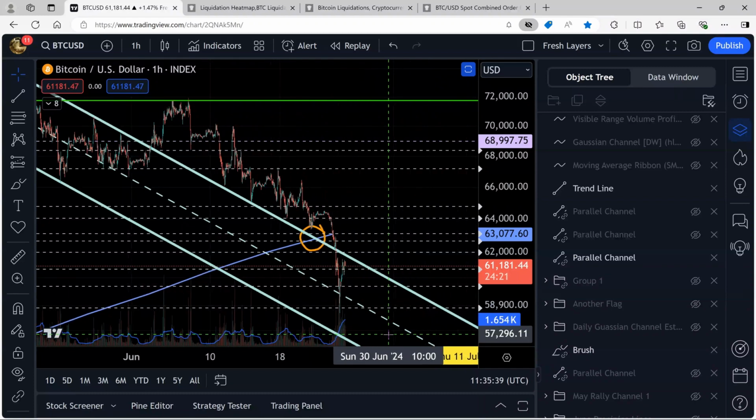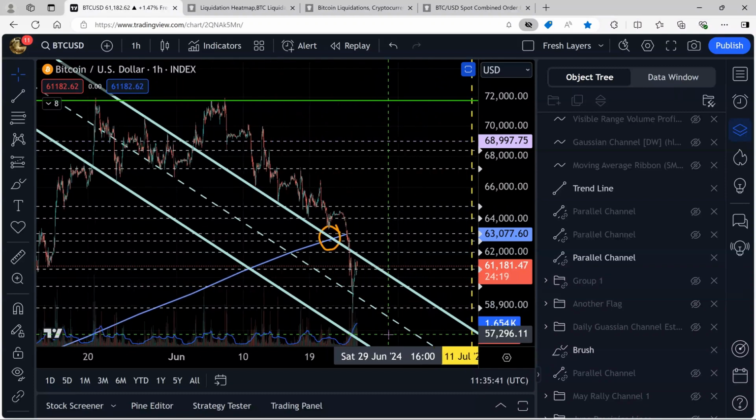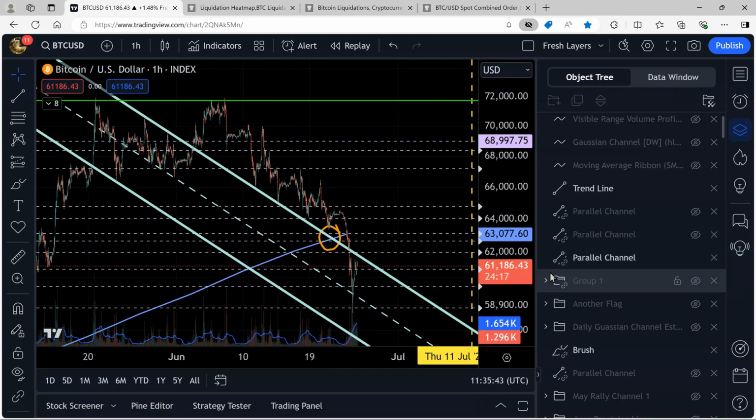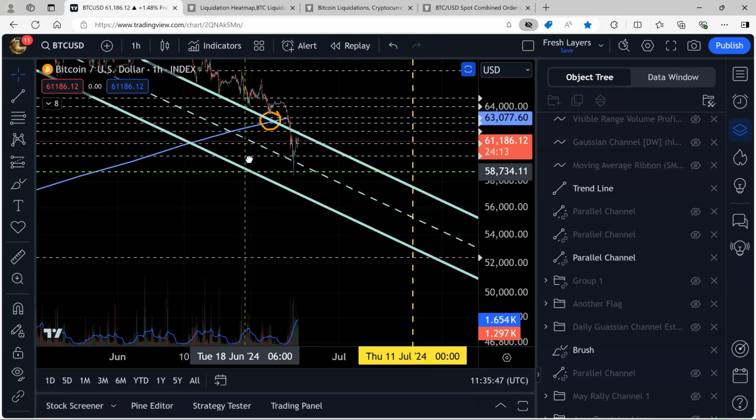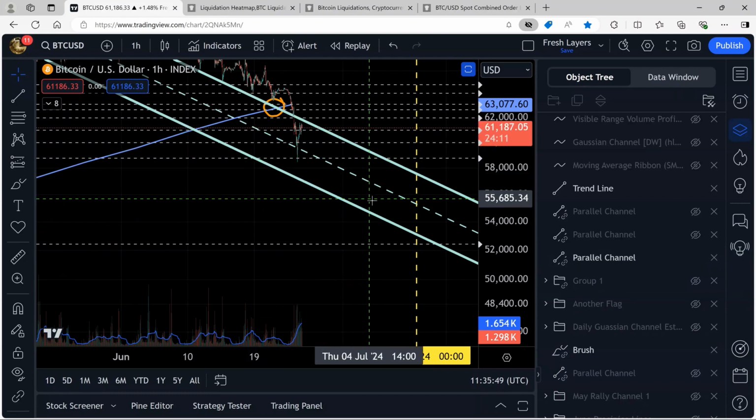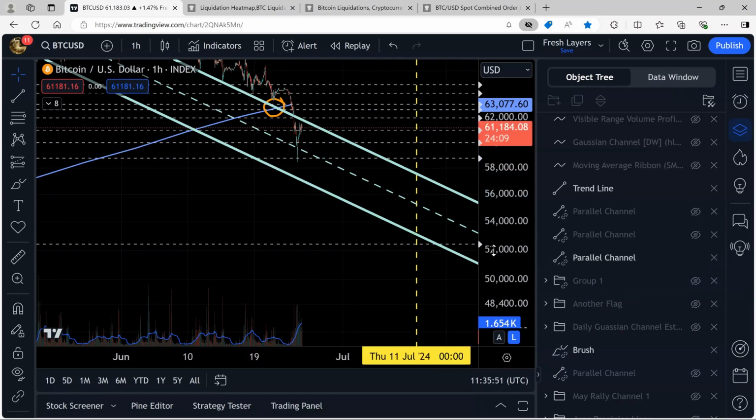We don't want to be in this channel because if we stay traveling in this channel, well, we would come down here. 52 is an important area.